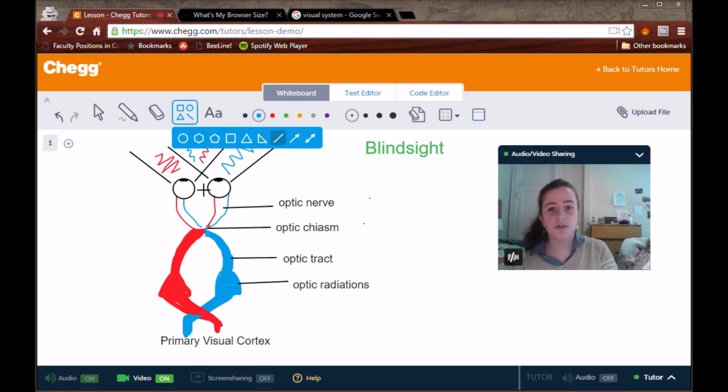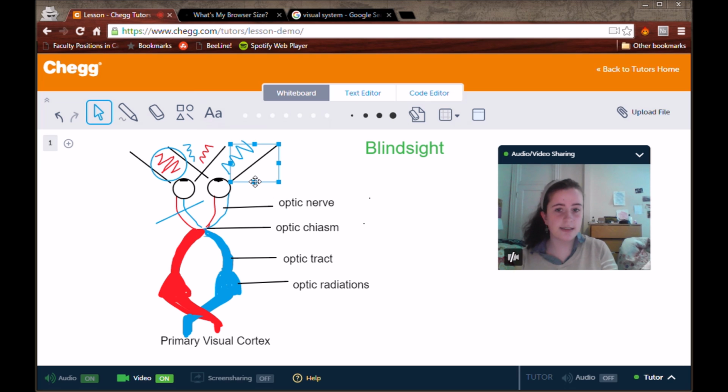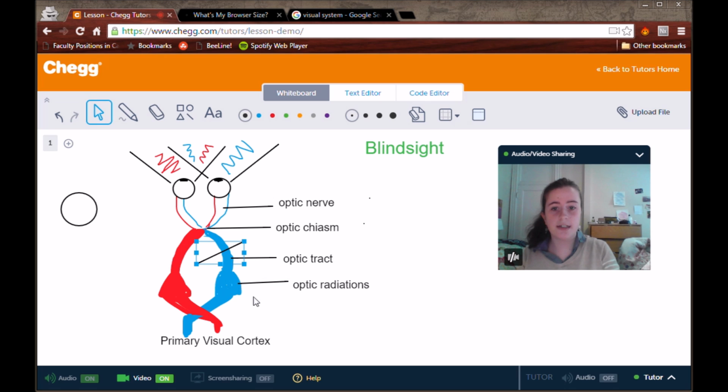For example, if you lost like right there, you would lose the ability to see everything. This part right here, let me see if I can circle. You would lose this part here, but you wouldn't lose the middle bit because the right eye still got it, and you wouldn't lose this part all the way over here. And if you were to cut here, you would lose everything from the right side of your body, no matter which eye it was on.